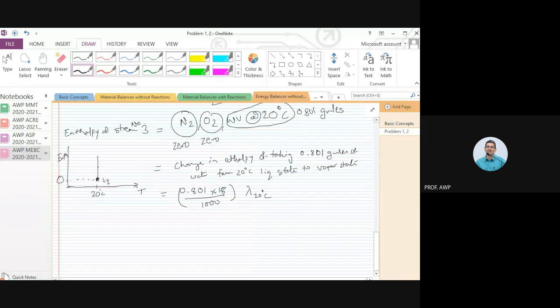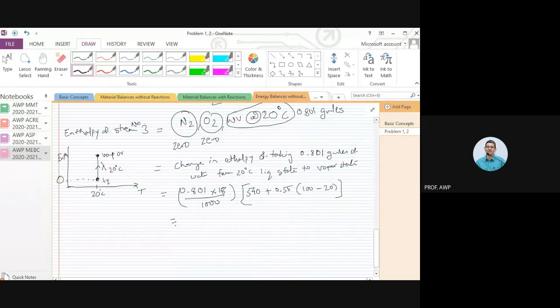I want to take it to vapor state, because in stream number 3 it is in the vapor state. So this is nothing but lambda at 20 degrees centigrade. And how many moles I have to take? 0.801 into 18 divided by 1000, those many kgs. Now latent heat at 20 degrees centigrade is 540 plus 0.55 into 100 minus 20.